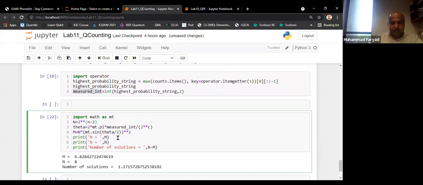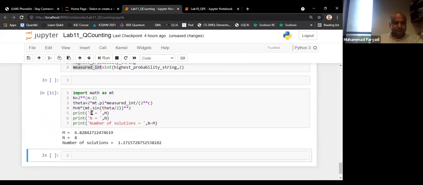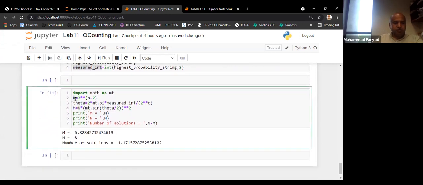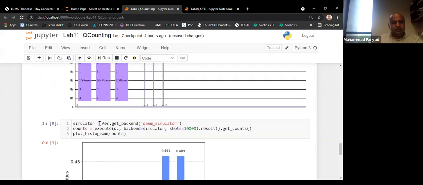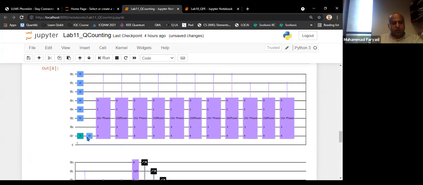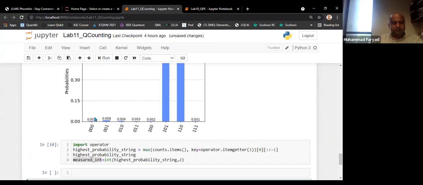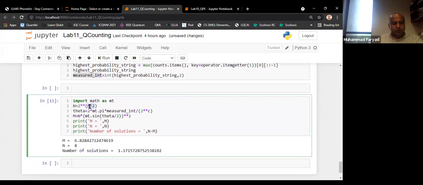And here you can see that I am first computing this capital N, which in this case is n minus 2, because here small n is being used for all of these 5 qubits. But practically the n is only 3, because 3 qubits are being used for this Grover operator. So n is 3, and to make up for that, I'm putting n minus 2 here.